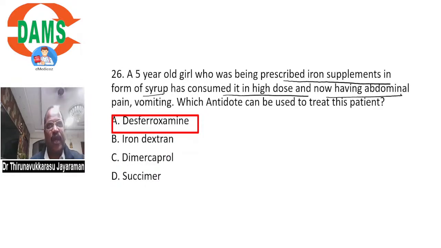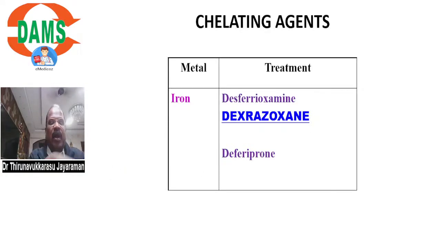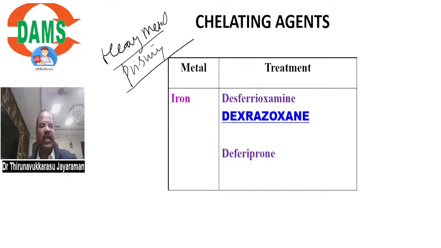So here is the case of acute iron poisoning. For treatment of this iron poisoning, we use an iron chelator, so the best answer is desferrioxamine. In case of heavy metal poisoning, we have something called chelating agents.